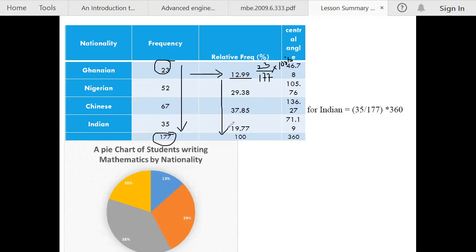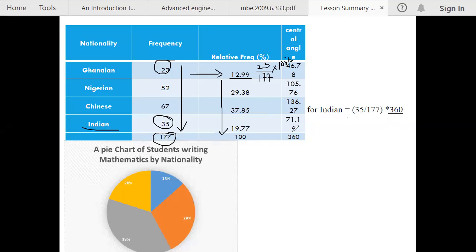Then we said to plot a pie chart, we can also plot it in terms of the sector angles. If you want to find the sector angles, that will be expressed in terms of 360 degrees. So for example, if you're looking for the sector angle for an Indian student, that is going to be this frequency, which is 35, over the total, which is 177, times 360.